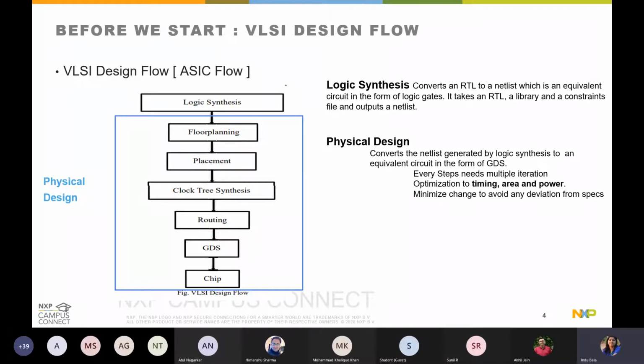It contains all the primitive parts which are necessary to start a design, whether it's a digital design or primarily an analog design. In analog design, it is more prominent that you need a process design kit, whereas on the digital side, you need a technology lib and others. So you go to the physical design, where you convert your netlist from logic synthesis to a final GDS, which you send to your foundry.